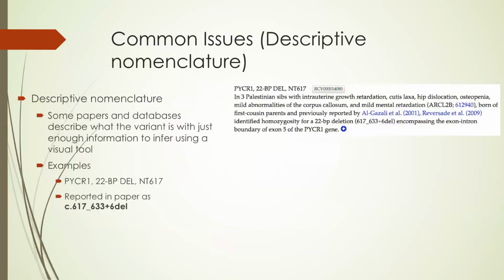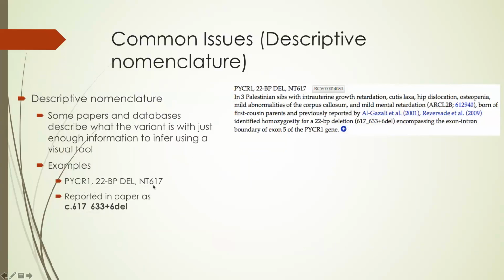Another one of the common issues is that a lot of papers just describe what the variant is, and they give some indication of where the variant occurs, but they don't necessarily give a transcript or an indication of what's actually deleted. So in this example, we have this PYCR1 22 base pair deletion that's said to occur in nucleotide 617.